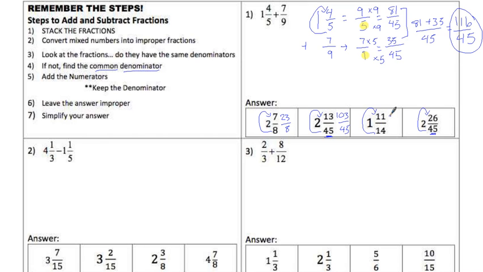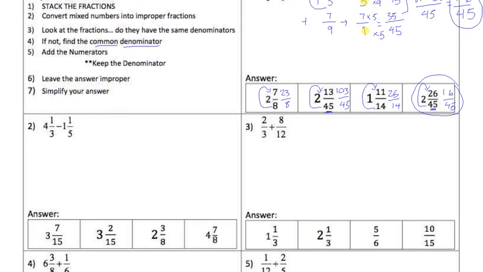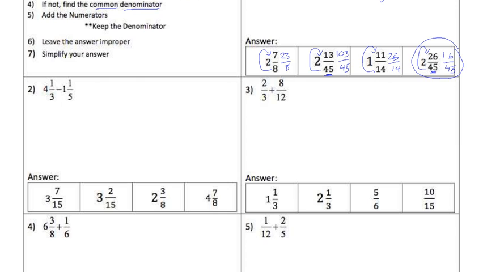This one is 25 over 14. And this one here is 116 over 45. So this is the matching one, so this one is the answer. So I want you to do number 2. Remember, it is subtraction. So go ahead.